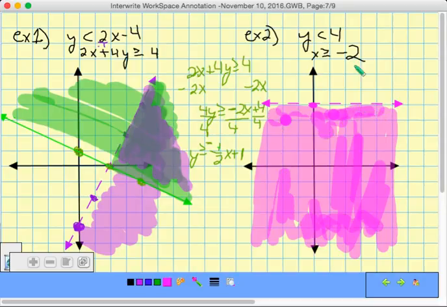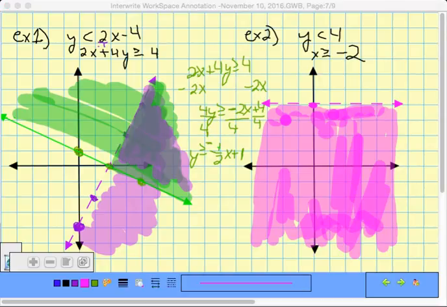Okay. Then the second one says x is greater than or equal to -2. Well, we're going to go to where x is -2 and put a point, and then remember that it's going to lay parallel to your axis. X equals is vertical.